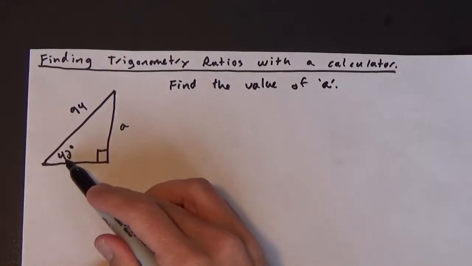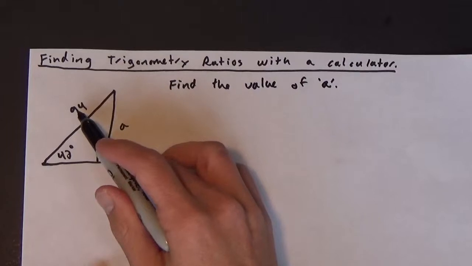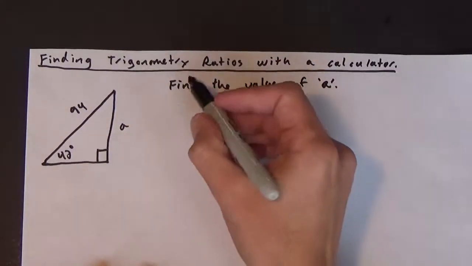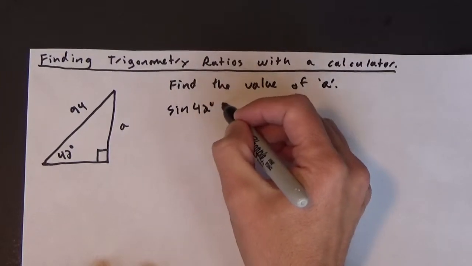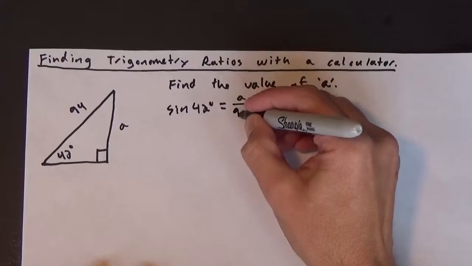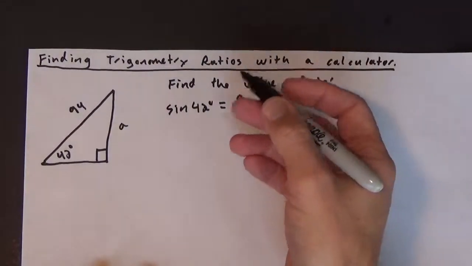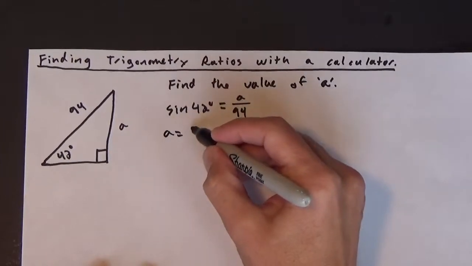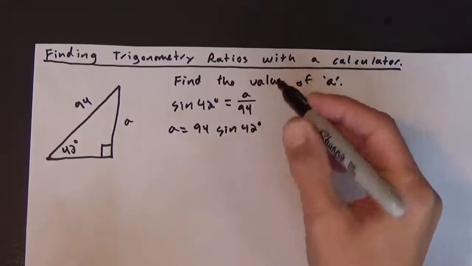Relative to the 42 degrees, A is opposite and 94 is the hypotenuse, so that's the sine. So the sine of 42 degrees is the opposite over the hypotenuse. We multiply each side by 94, so A is 94 times the sine of 42 degrees.